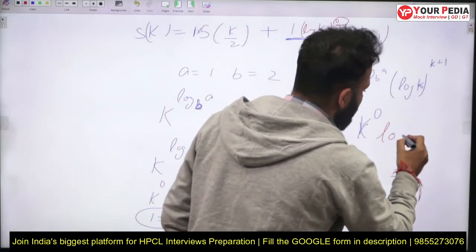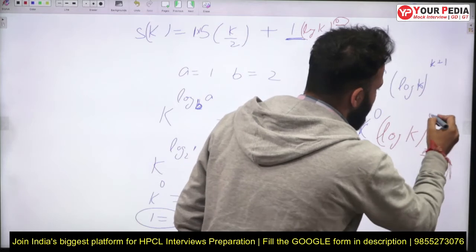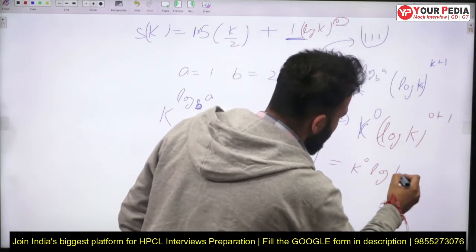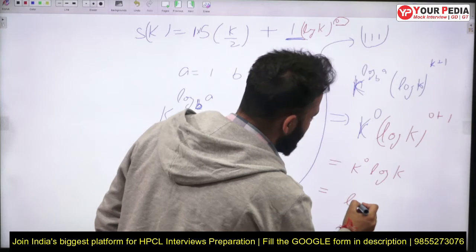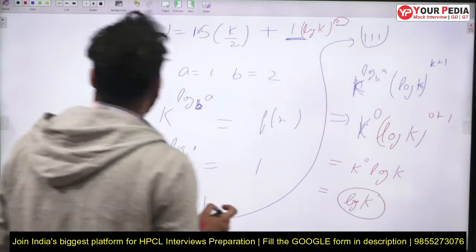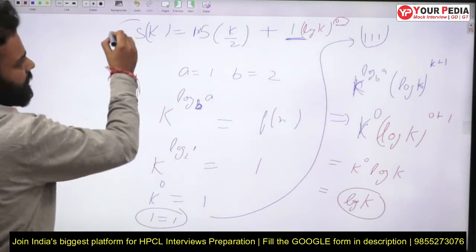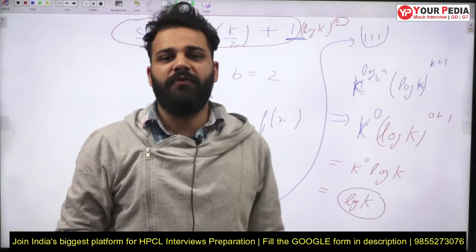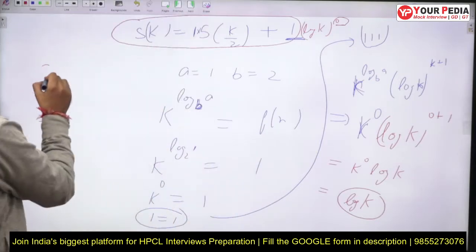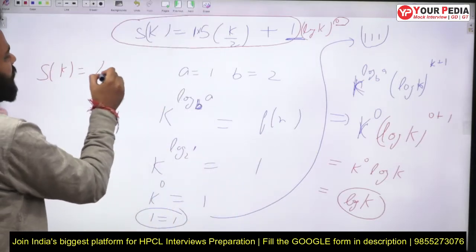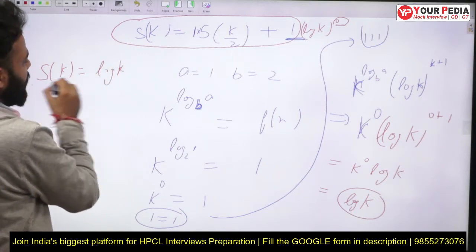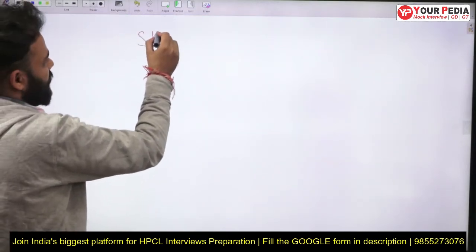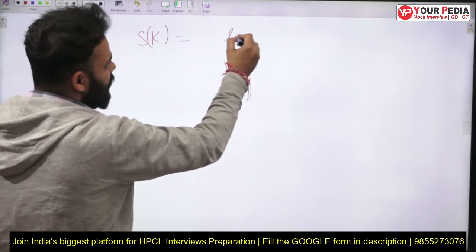So it will be k raised to power 0 times log k to the power 0 plus 1, which will be equal to simply log k. So the solution to the relation S of k is equal to S of k by 2 plus 1 is S of k equal to log k. Now this is our answer, S of k is equal to log k.